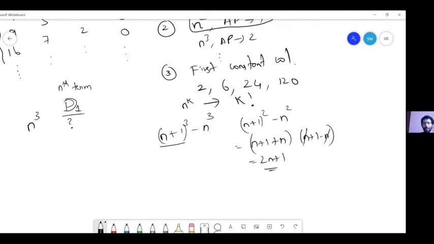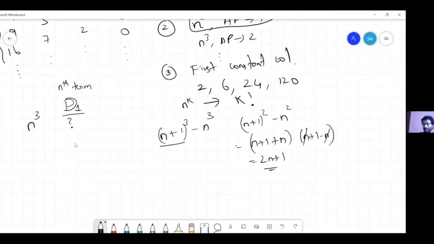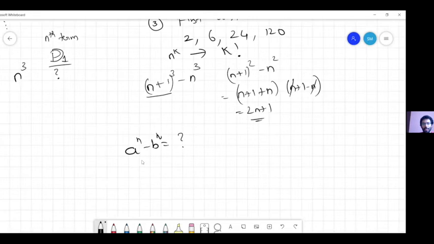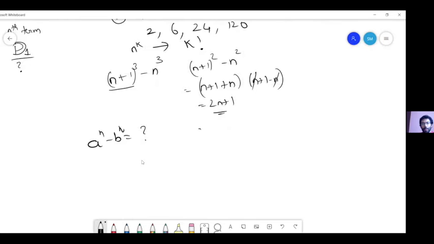So we also looked into this question of a power n minus b power n. What can you say about that? Shankar had given a formula for this. We have a squared minus b square is (a plus b) into (a minus b).